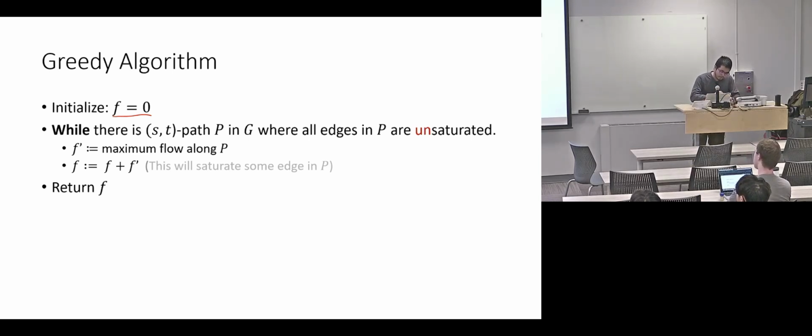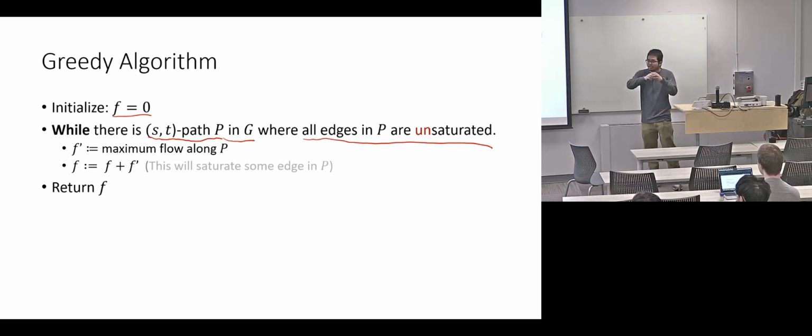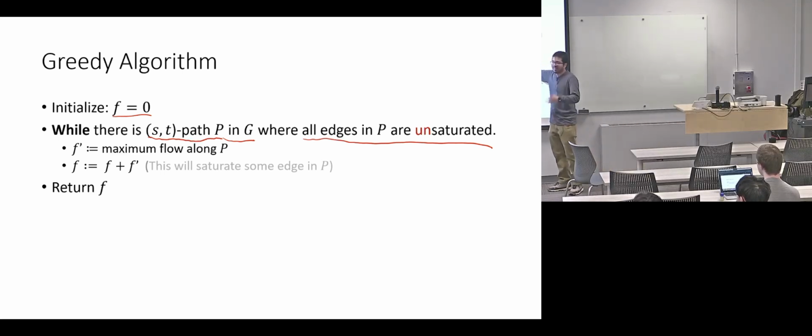I'm trying to be greedy. Just try to find an ST path, from source to sink in G, such that every edge on this path is not saturated yet. Because if some edge on the path is saturated, there is a bottleneck and I cannot do anything.